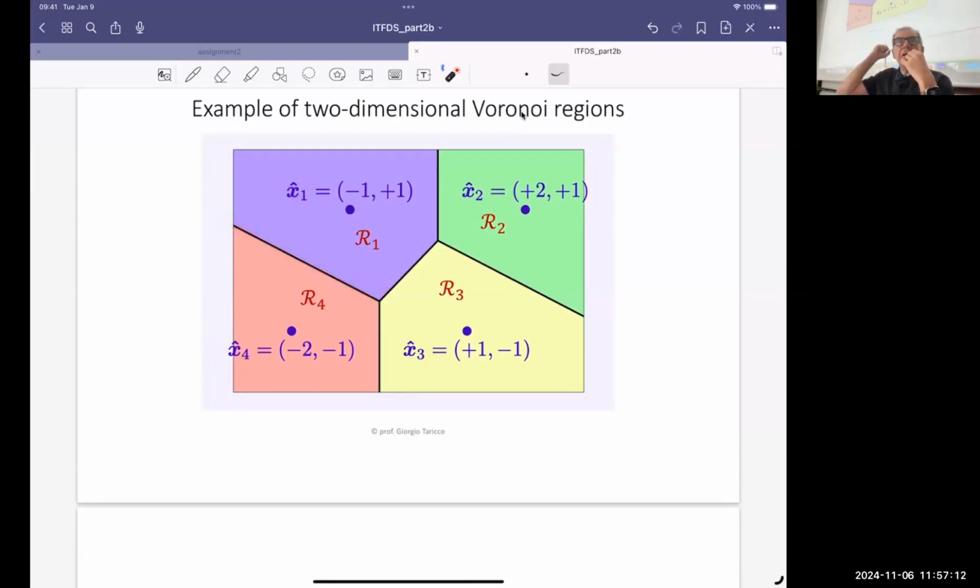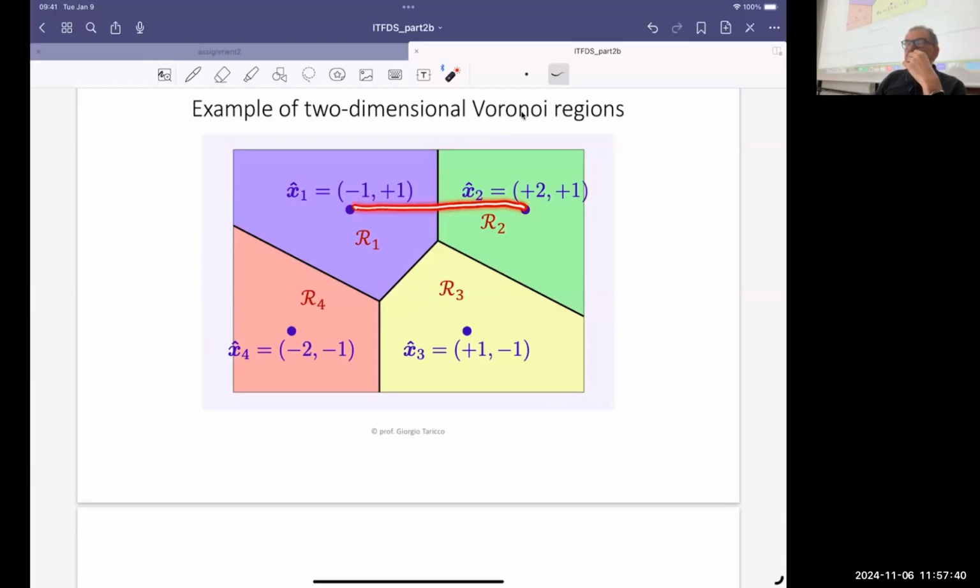You should note one thing, that the borders of the Voronoi regions, in this two-dimensional plane, are the lines that separate the pairs of quantization points at equal distance, that is, the axes of the segments joining the quantization points.